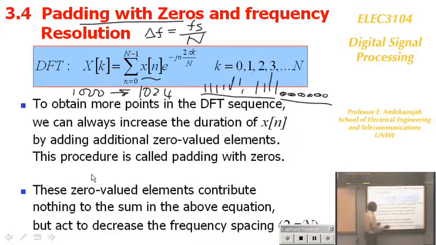So by adding a lot of zeros, you are increasing the frequency resolution. But you are not going to get any extra information because your time samples are only the ones that you have. So the trick is, add extra samples, it does not affect your evaluation, but it aids you to apply the fast Fourier transform. That's what padding with zeros is all about.